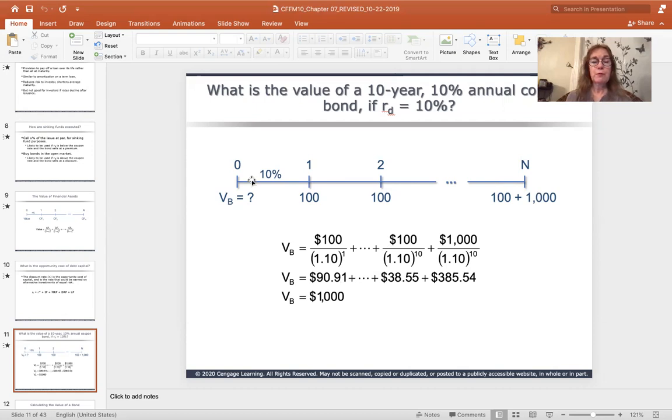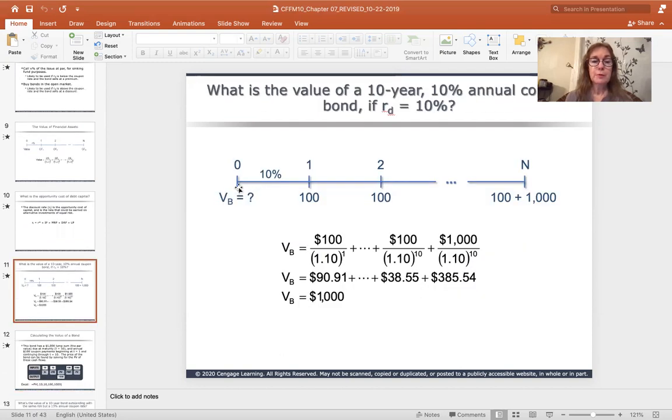So if we took the present value of this $100 annuity plus the present value of the $1,000 par value at 10%, and the coupon rate is 10%, the value is going to be $1,000. So here they're just illustrating that as long as the coupon rate stays the same as the market interest rate, then the value of this bond is always going to be $1,000.